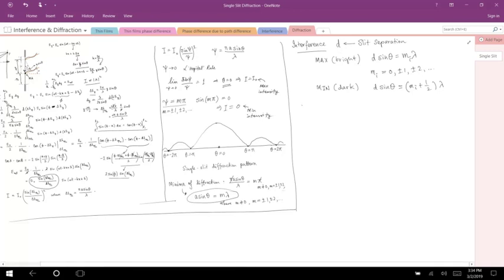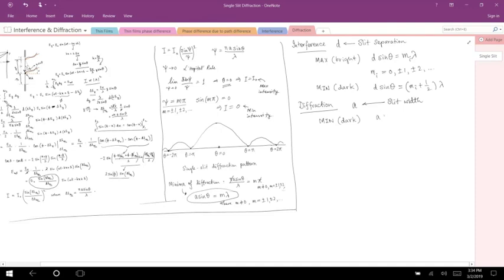So that's interference. The second part is diffraction. Generally diffraction will happen because of the parameter a, which is the slit width. So if there is a slit width, that will contribute to diffraction. For diffraction, we have learned how to calculate the minimas, which are the darks, where intensity equals 0.